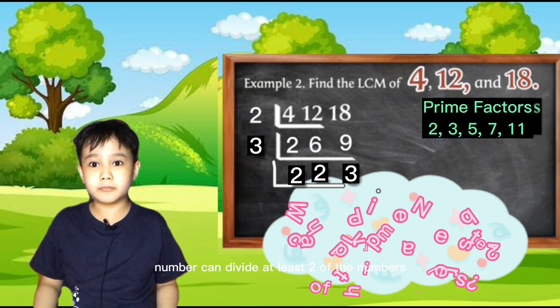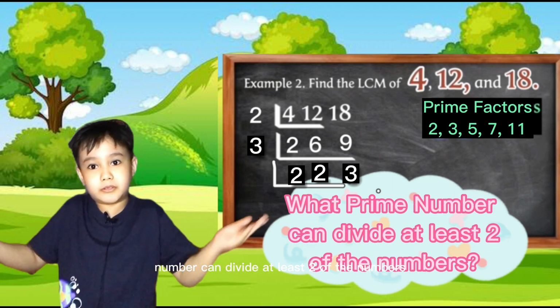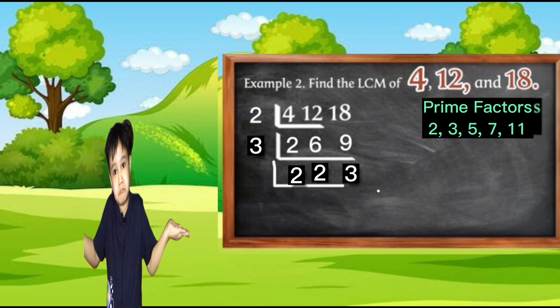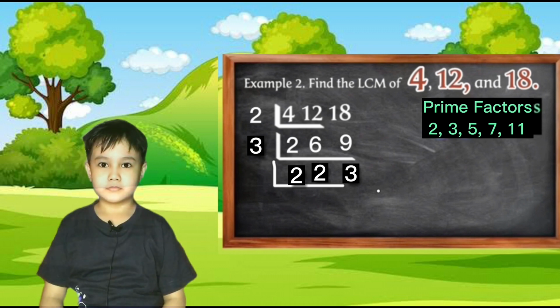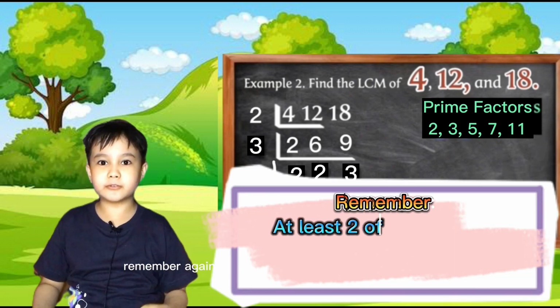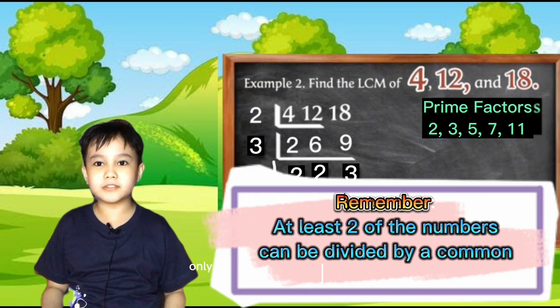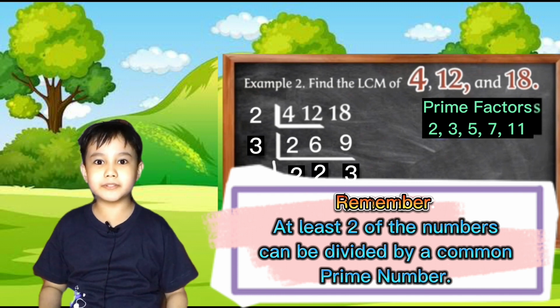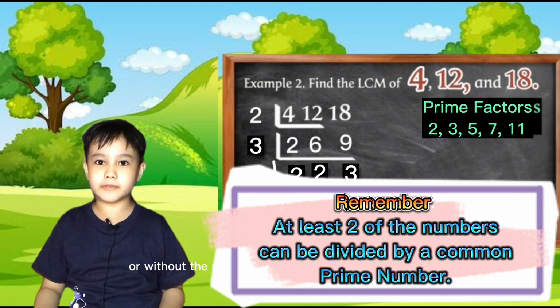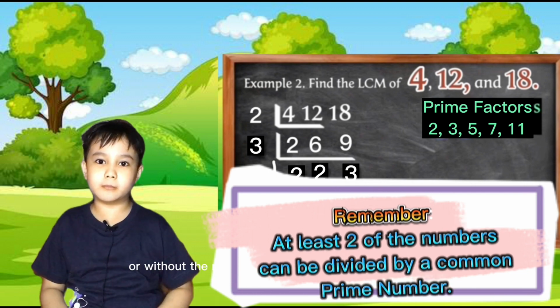So what prime number can divide at least 2 of the numbers? Remember again, we can only continue with the process if at least 2 of the numbers can be divided exactly, or without a remainder, by a common prime number.